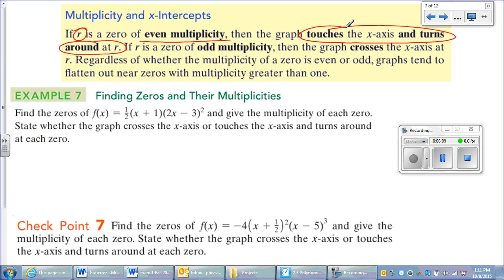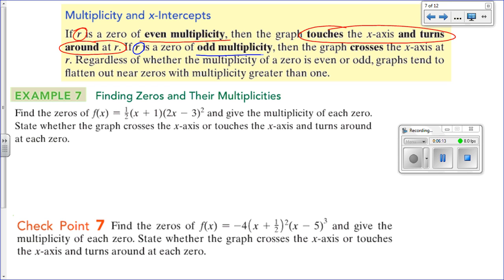Okay, the other case is when R is a 0 of odd multiplicity. What happens there is that the graph will cross the x-axis at that particular number, whatever your number is for your 0. So, 2 cases.